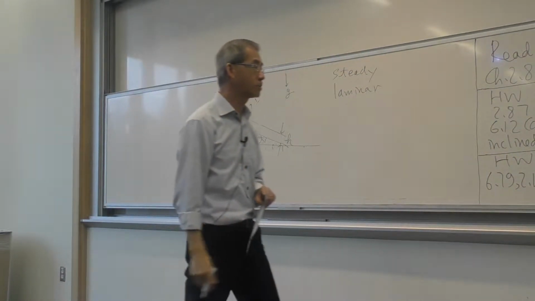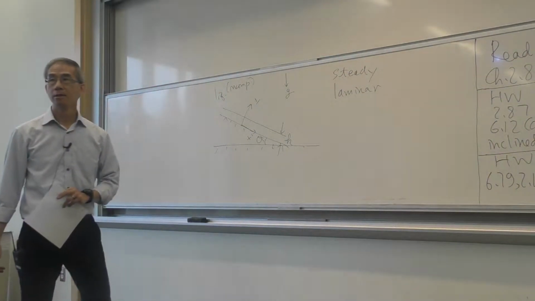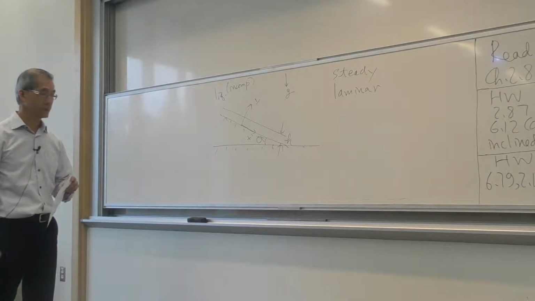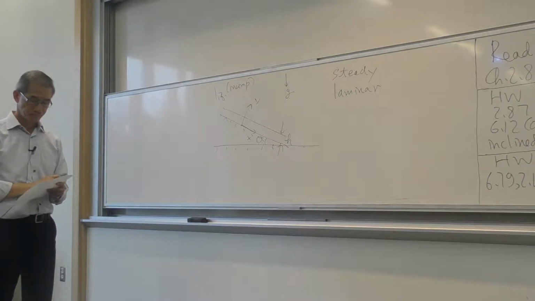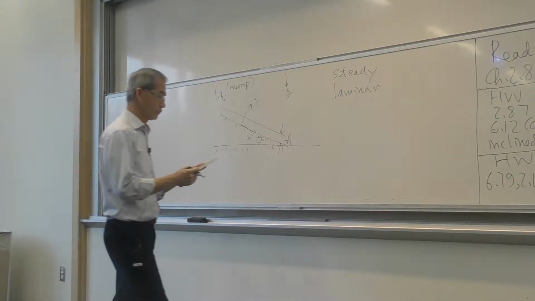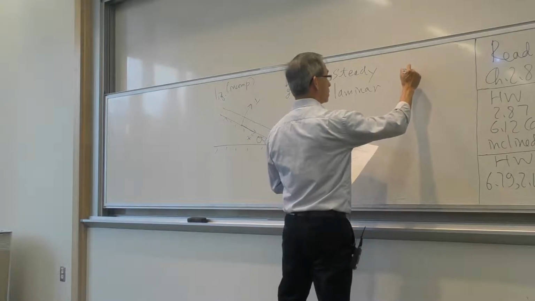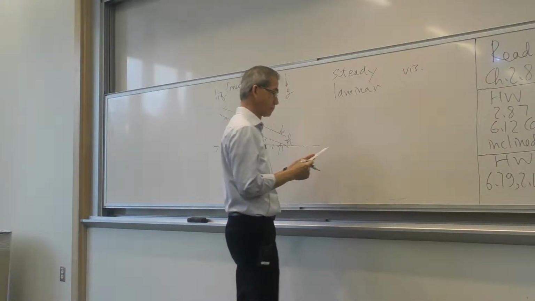That's a much more in-depth discussion that is more for advanced fluid mechanics. So all the problems we have been dealing with are laminar flow. So I don't have to deal with turbulence modeling. It's viscous flow, obviously.